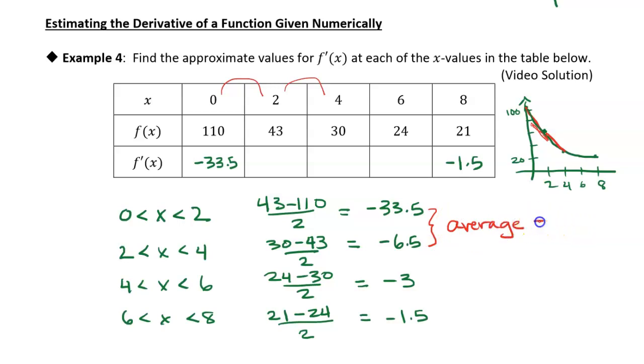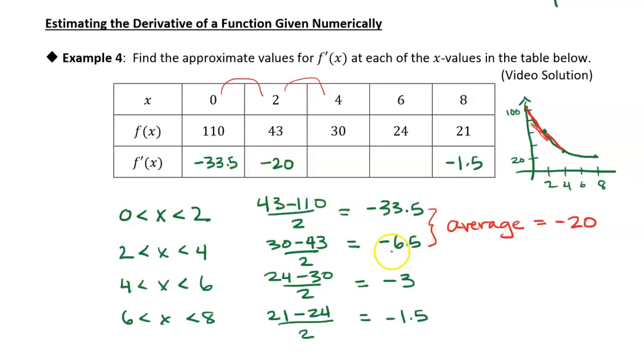If I put it in my calculator, I get negative 20. So a better estimate of the derivative at 2 is negative 20.